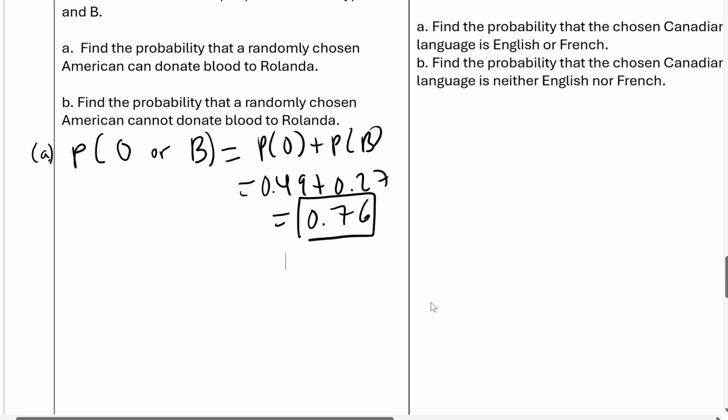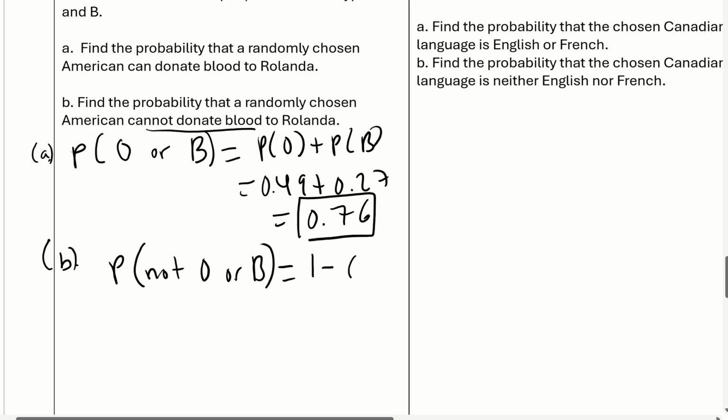And what's the probability that a randomly chosen person cannot donate blood to Rolanda? So that means it's not that. So not O or B. So not means it's the opposite, the complement. So you do 1 minus that, and that gives you your answer. It's got to be 0.24.